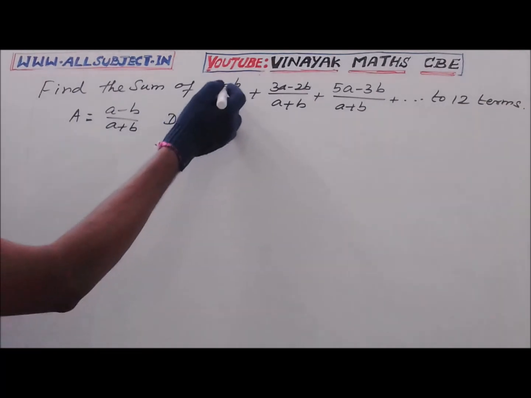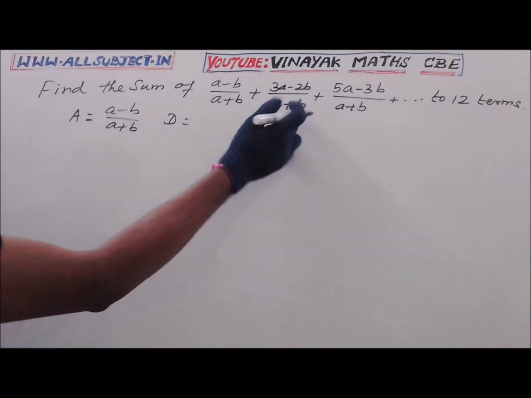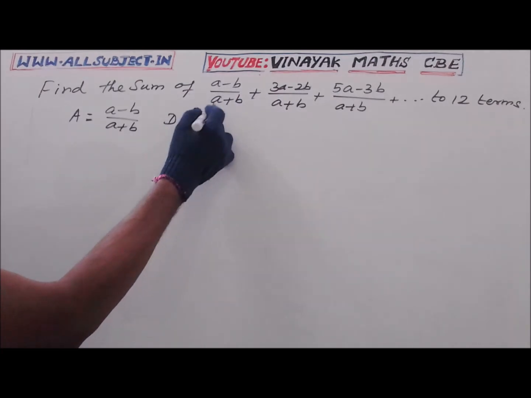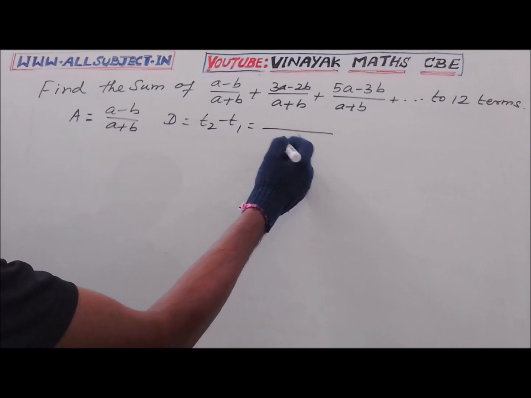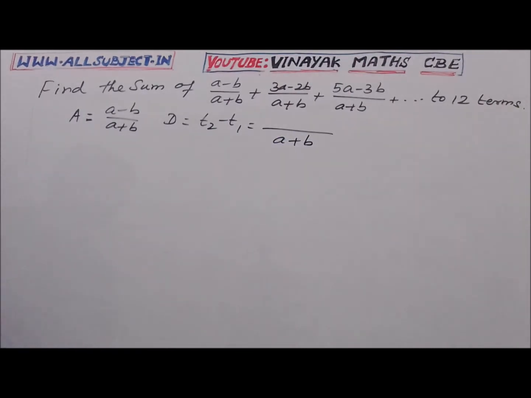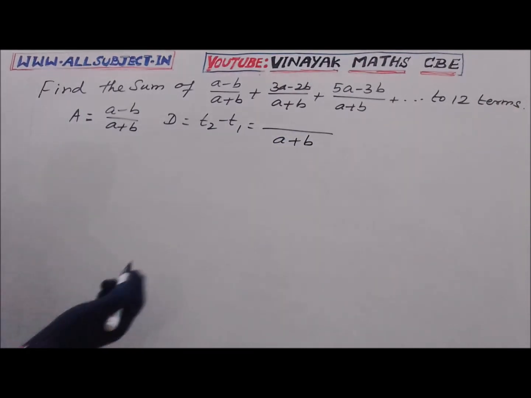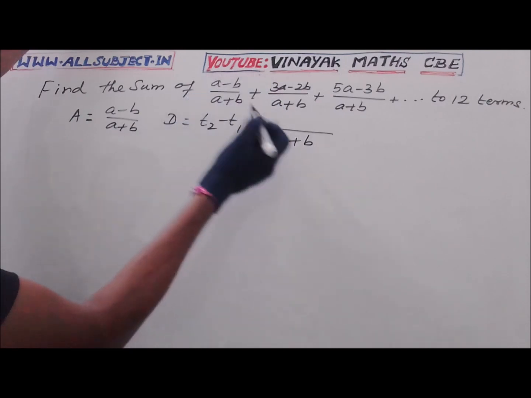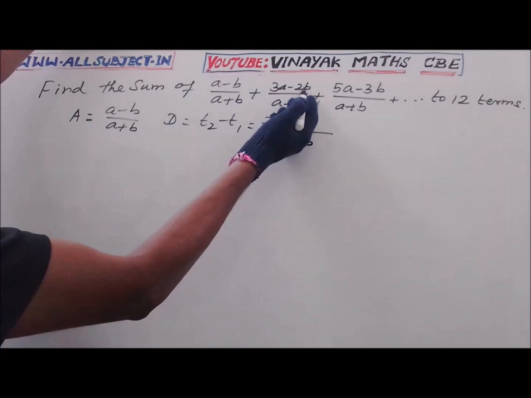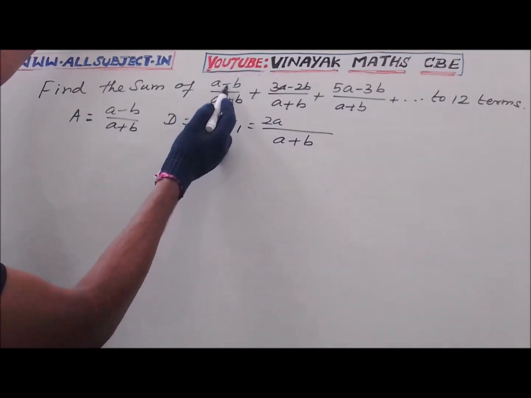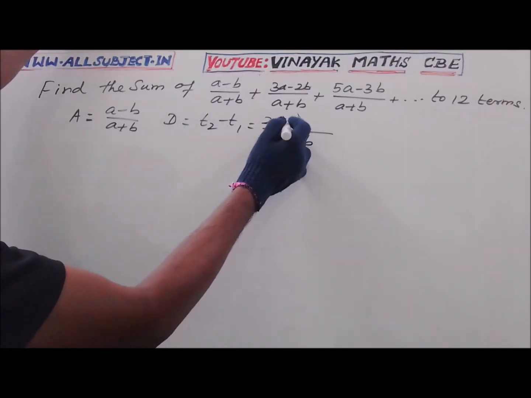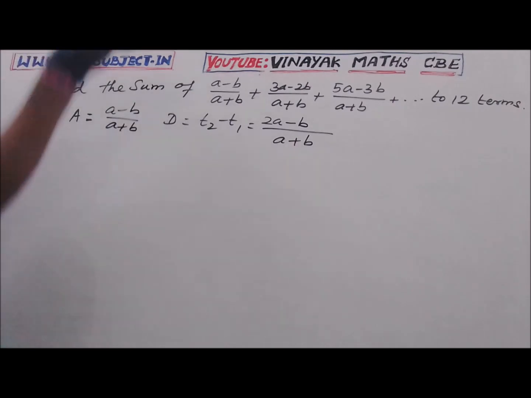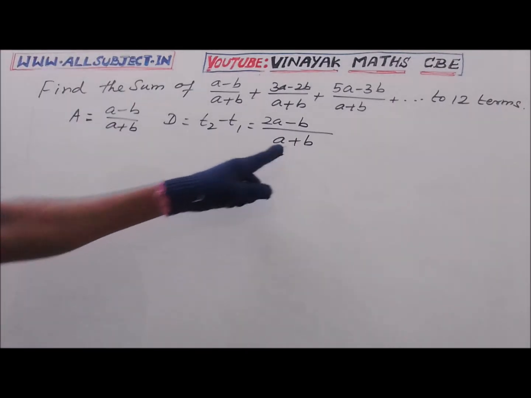That is, D equals t2 minus t1. This is the second term, this is the first term, t2 minus t1. Both have equal denominators, so we can take a plus b in the denominator. Now subtracting, 3a minus a is 2a, minus 2b, when we subtract the minus b it will be plus b. So minus 2b plus b equals minus b. So D is 2a minus b by a plus b.